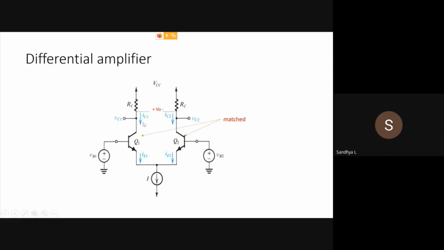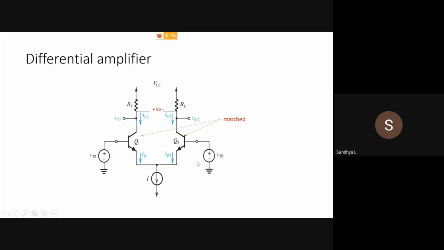So first of all, we assume that Q1 and Q2 are matched, RC are same, VC1 and VC2 are the collector voltages, VB1 and VB2 are the base voltages, I is the tail current, and here you have minus VEE. In the first case, we are assuming that VB1 is equal to VB2.